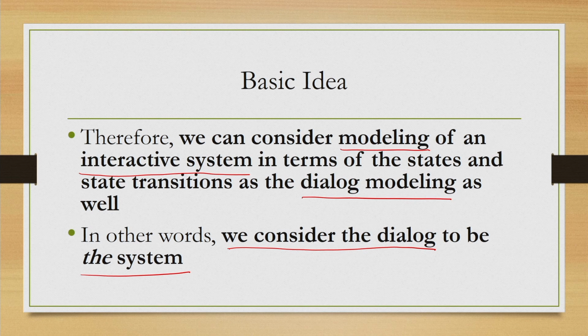Now, earlier in the previous lecture, we have seen that state transition networks can be used to model the system. We can use states and transitions between them, using the state transition network notation, to model the system. However, all our examples were for simple systems.